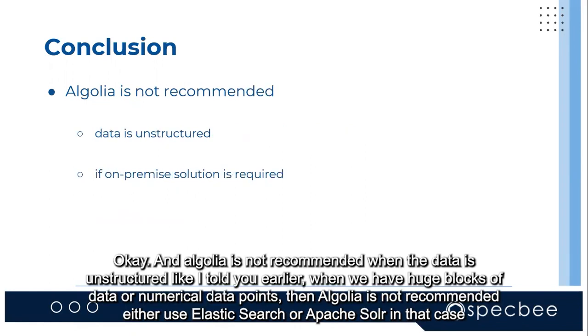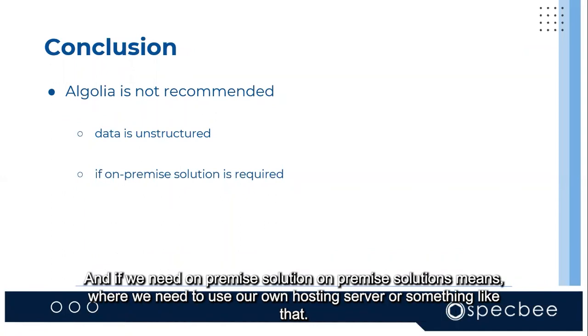Okay, and Algolia is not recommended when the data is unstructured. Like I told you earlier, when we have huge blocks of data or numerical data points, then Algolia is not recommended. Then we should either use Elasticsearch or Apache Solr for that case.